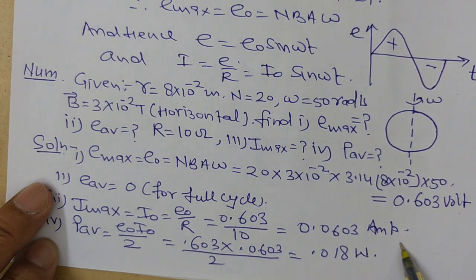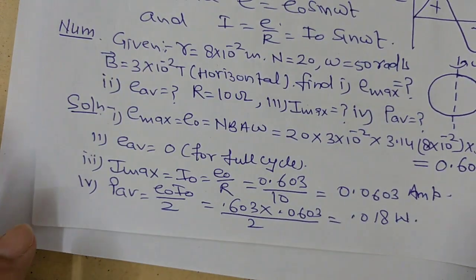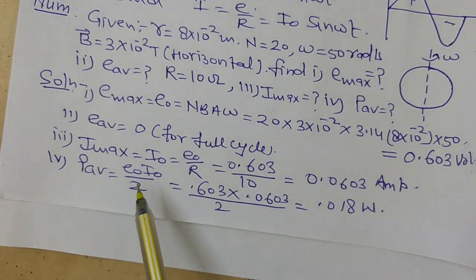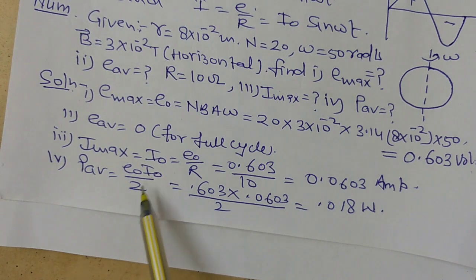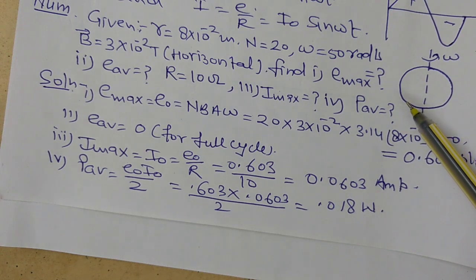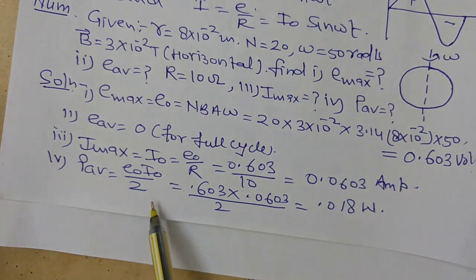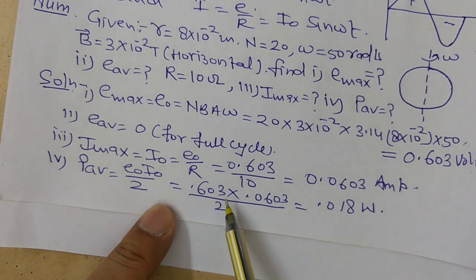0.0603 ampere, and the power, average power or power dissipated in this coil can be written as E naught into I naught upon 2, because in this AC resistive circuit the current here is alternating current and the resistance is in it, then we calculated the average power, we derived the formula, that is E naught into I naught upon 2. On putting the values, E naught is equal to how much?